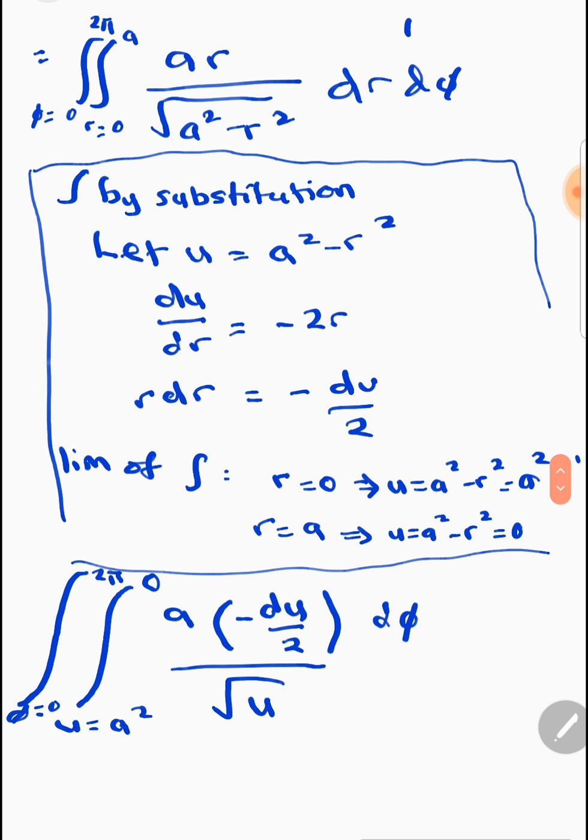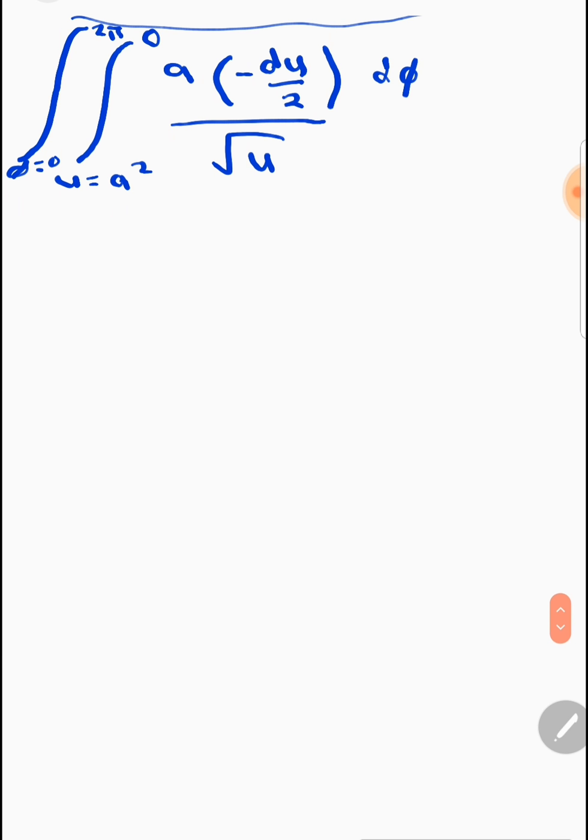Right? So now that I have this, let me scroll this up. So notice that I can take out my negative 1 over 2, and a is actually something here, right?